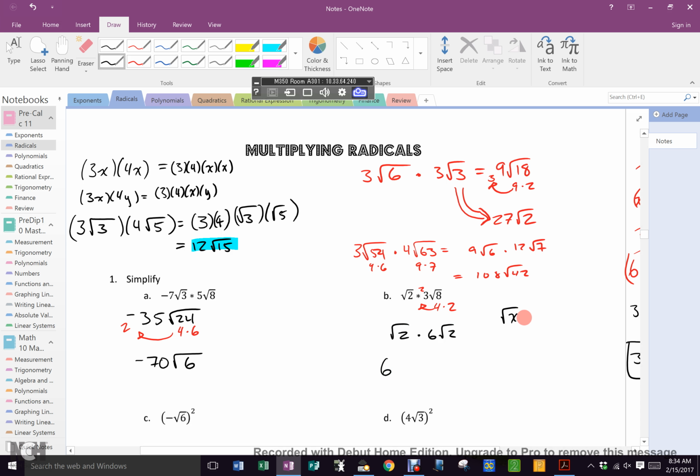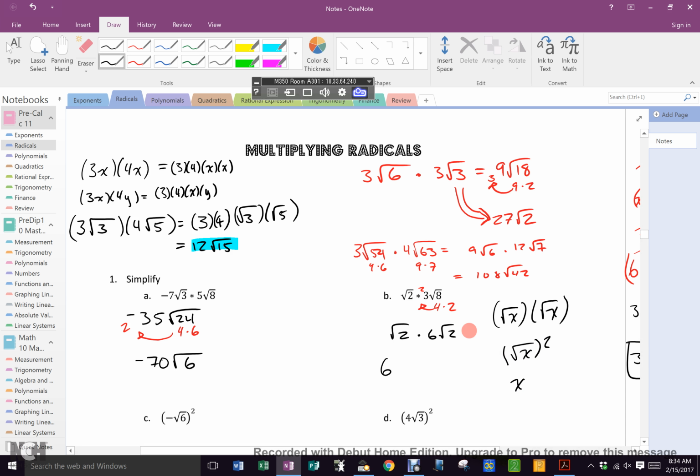Root x times root x is root x squared, and it is x. Okay? Everybody remembers that? We'll talk about what happens with higher powers later, but for now we're here.